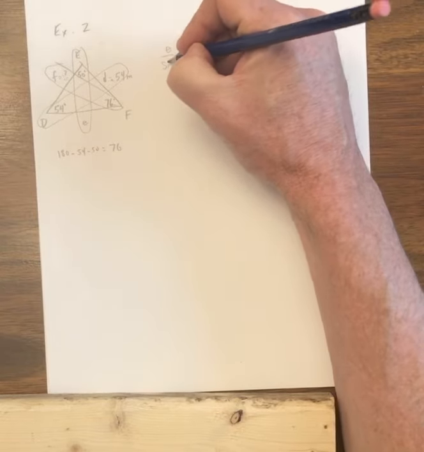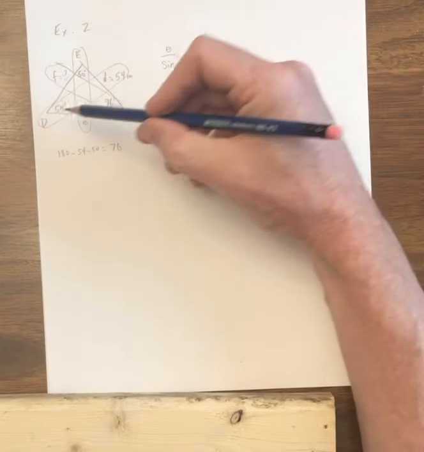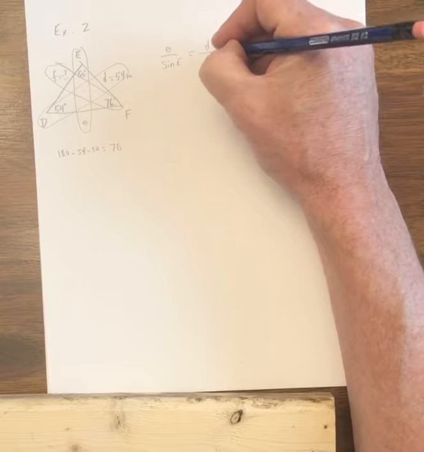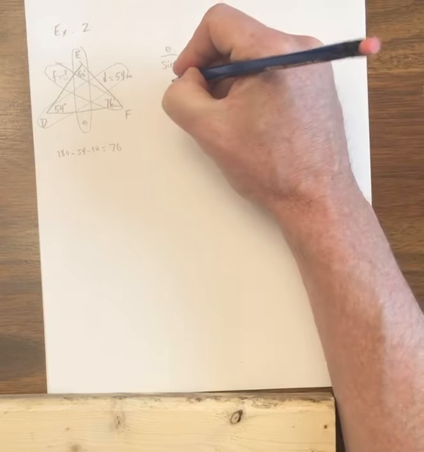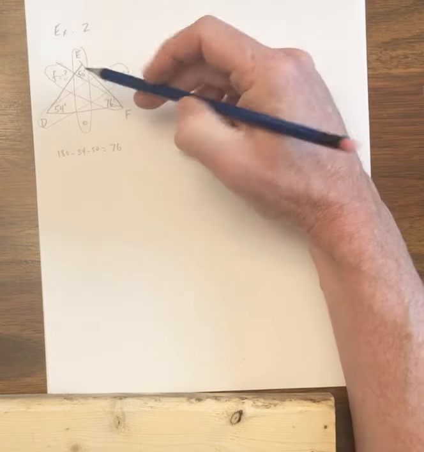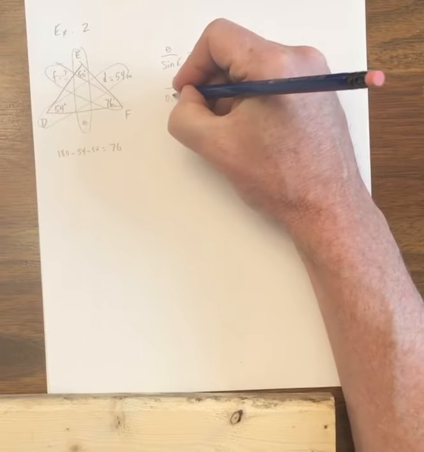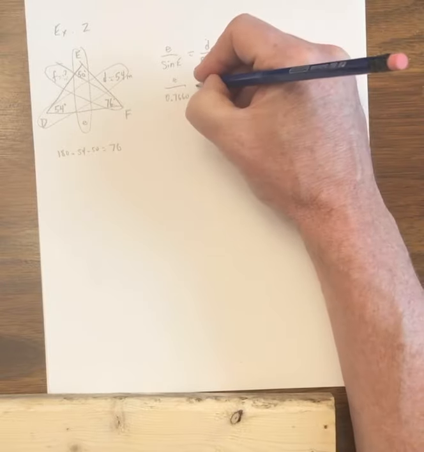So we have side E over sine E, and I'm going to use our complete pair here that we have. So side D over sine D. Sine E, so sine 50, is equal to 0.7660 rounded to 4 decimal spots.